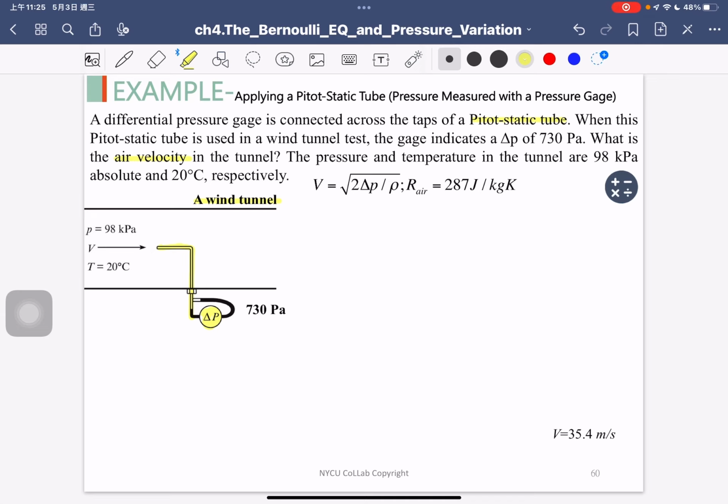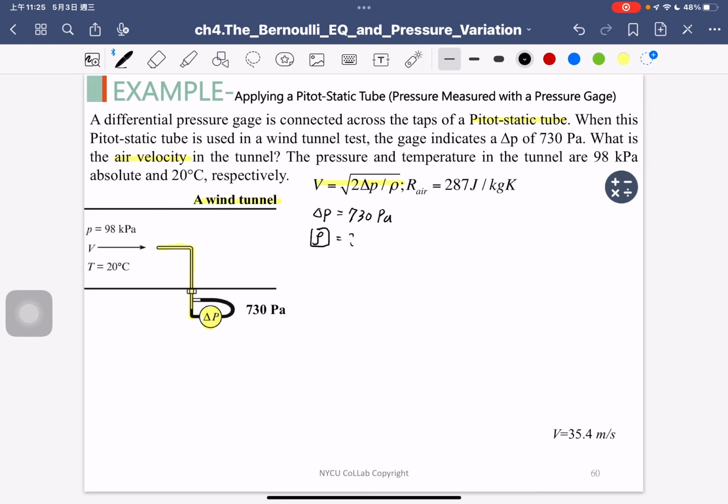I write down the governing equation here, so you know that's very simple. We already know the delta P is 730 Pa, but we didn't know the density of the air, right?